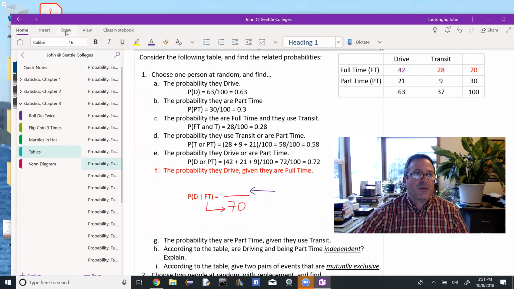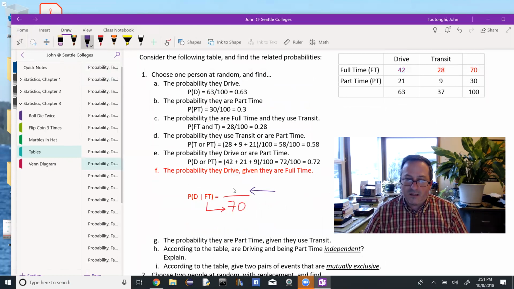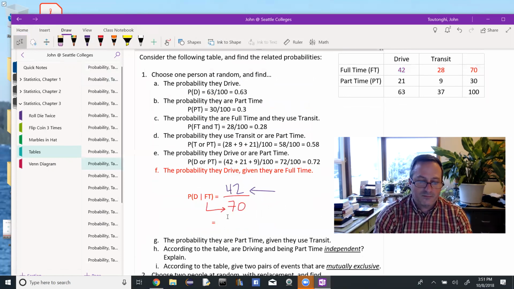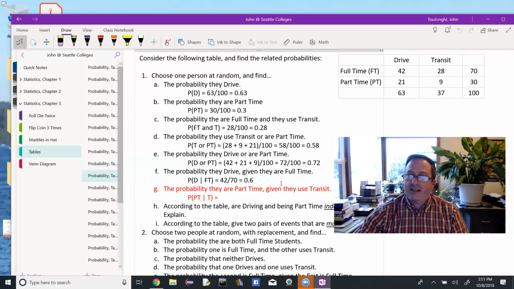So in my fraction, I have 42 out of 70 who are full-time. The probability that they drove, given that they're full-time, is 42 out of 70, or 60%. We're going to do another one of these, so hopefully it won't bog me down like that again.